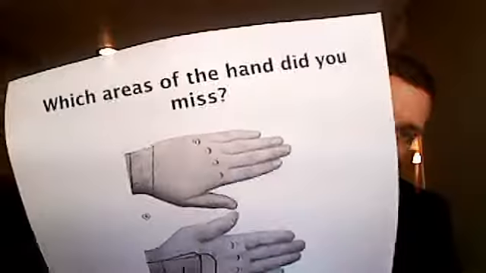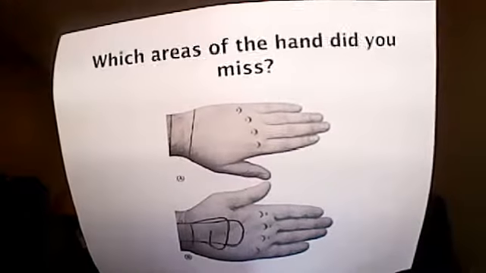And so this would be good. As they were returning to their seats, I would have them take a handout, and I feel that after each one of them has done this, it would be a good time to hand them something, or have them pick up a handout that has an anterior and posterior view of hands, like this one. And I would have them take a blue crayon or marker, it could be any color, but just have them highlight the areas of the hands that they missed.